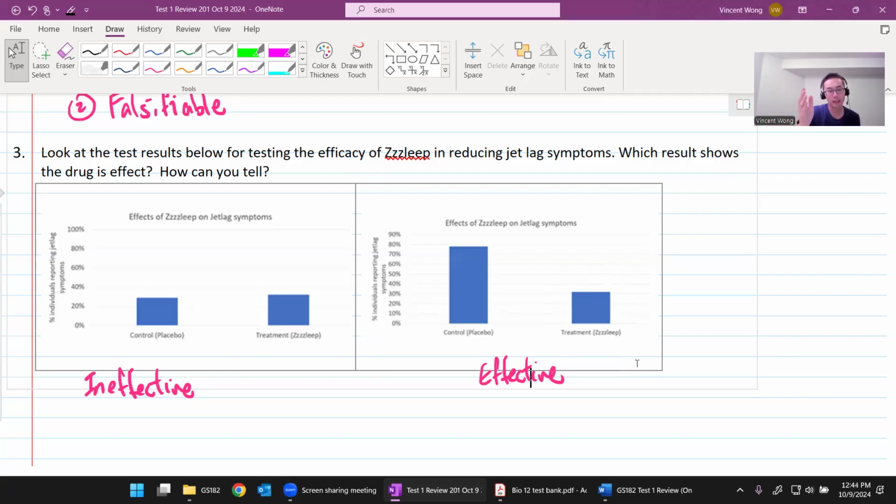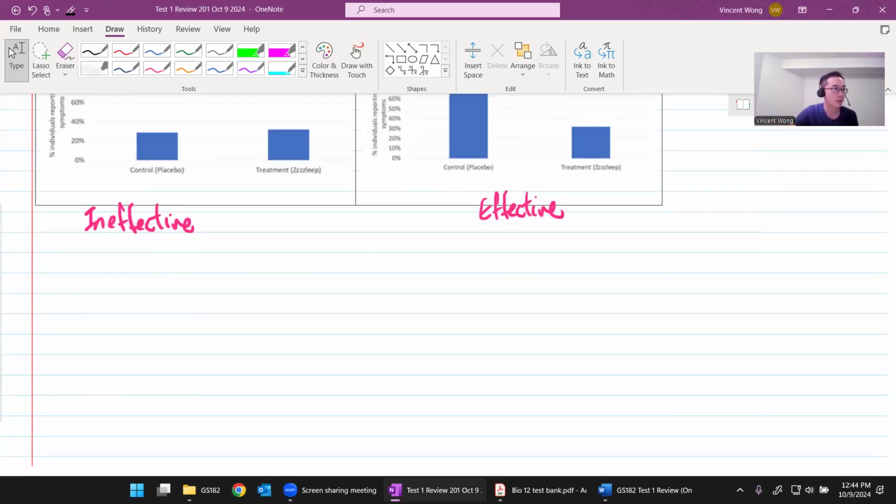Don't forget about Brady's experiment, and then there's Pasteur's experiment, and so on and so forth. Just because it's not in this review package doesn't mean it's not going to be on the test. This is just a starting point for you for studying for the test.